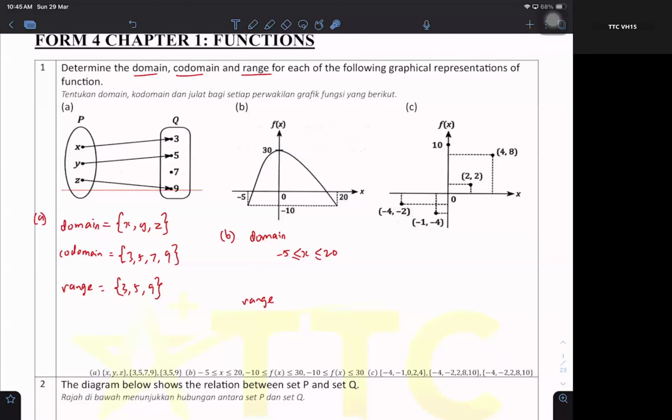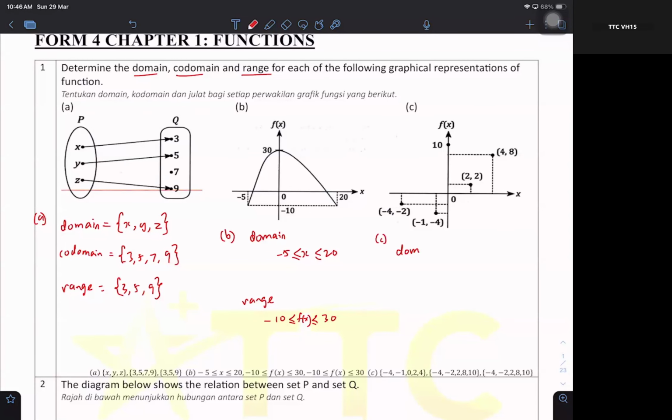According to the graph, the y-axis is between -10 and 30, right? So y is between -10 and 30. But I shouldn't write y, because in this question the y is f(x). So instead, I write f(x). Same thing here.